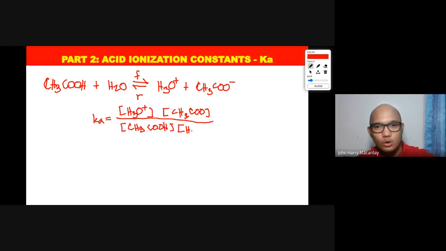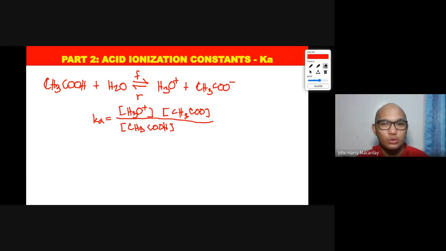But since water is always present in the solution, it can be disregarded. So we will come up with a final equation, which is equivalent to ionized: hydronium ion times acetate ion over acetic acid. Again, water is always present in the solution, and its concentration is negligible because it is very small. Okay? So that is your ionization constant of the acid, or a weak acid.